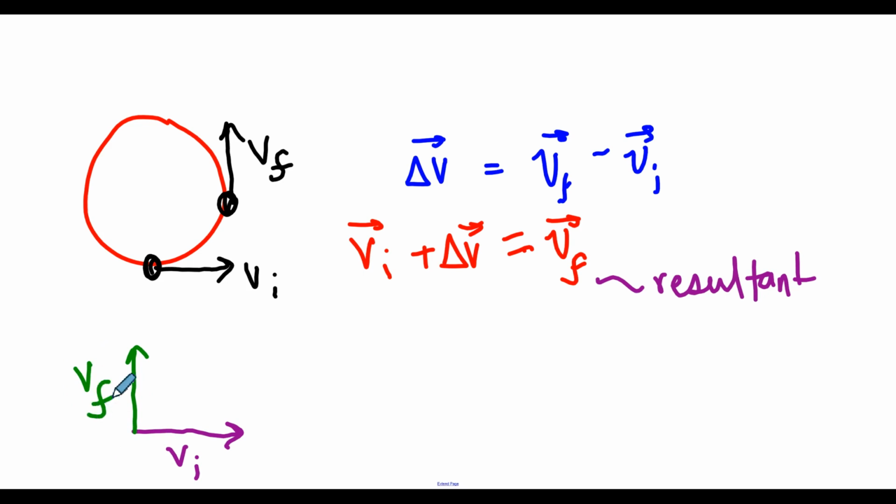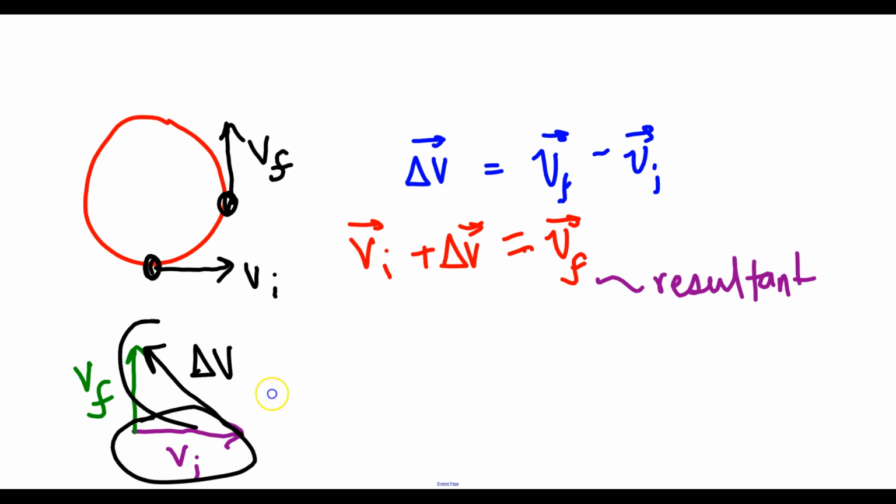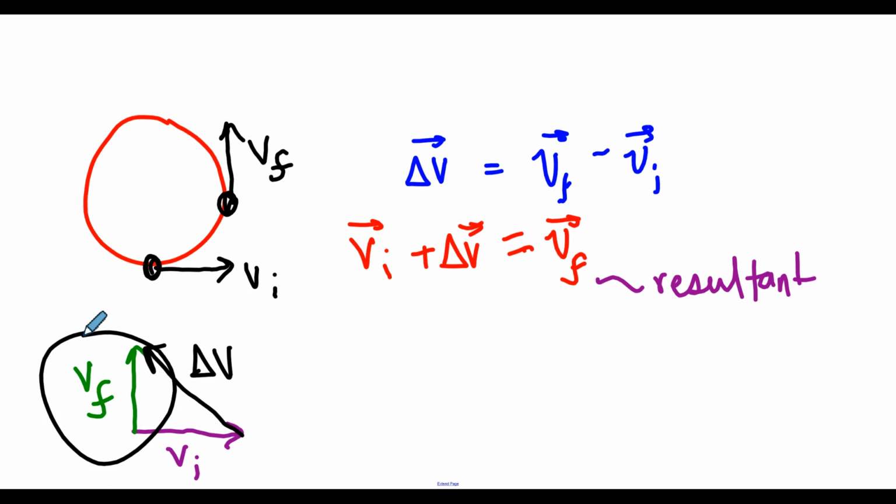So what delta do I draw in order to get VI to swing over to where we have VF? Here's what the delta V looks like. The delta V I just drew in black allows us to take VI, add tip to tail, delta V, and we arrive at the new VF.